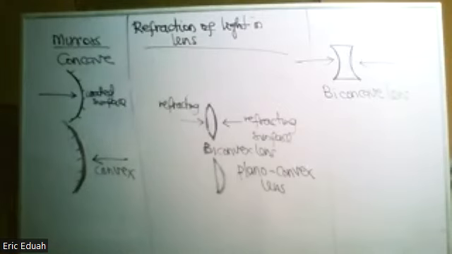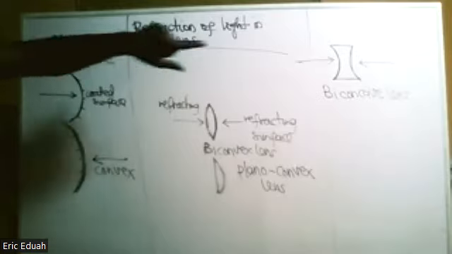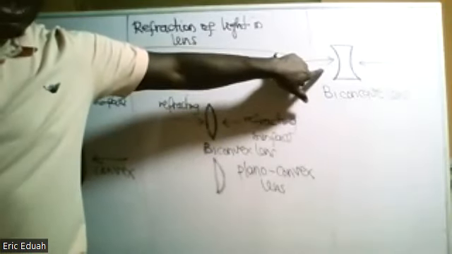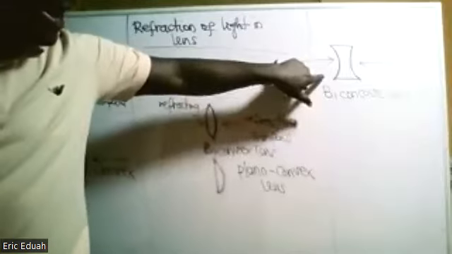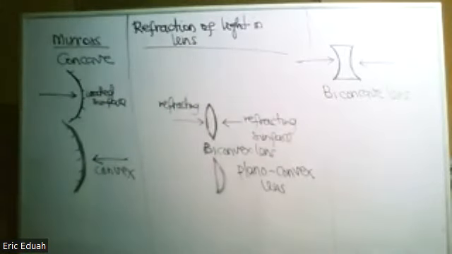A biconcave lens goes with a concave mirror, where the refracting surface curves inwardly. Here too, the refracting surface curves inwardly. So biconcave lens.